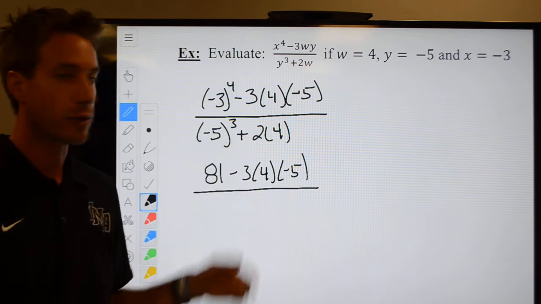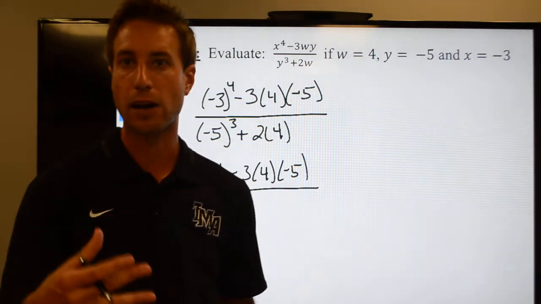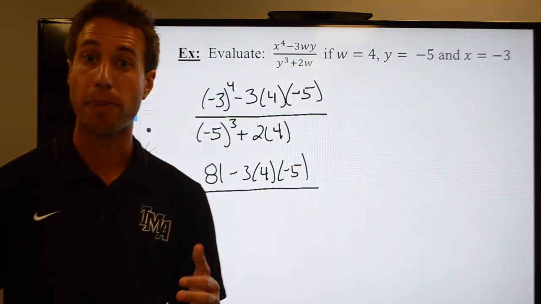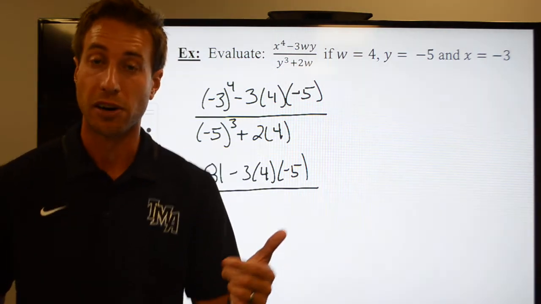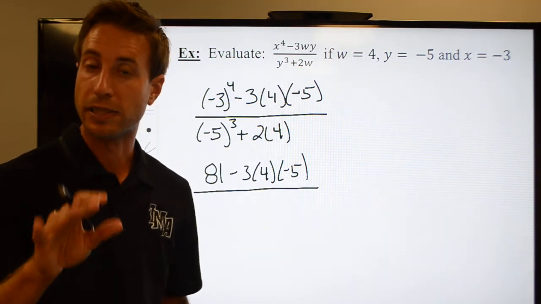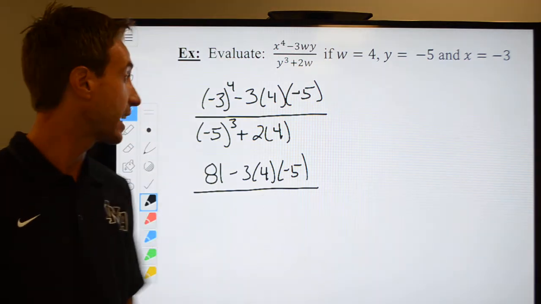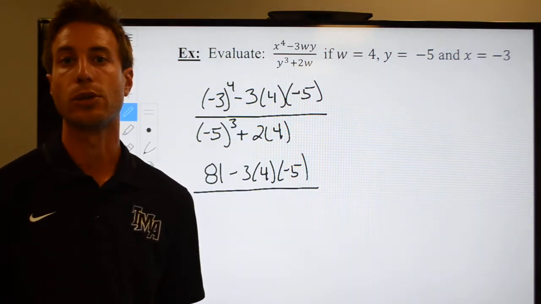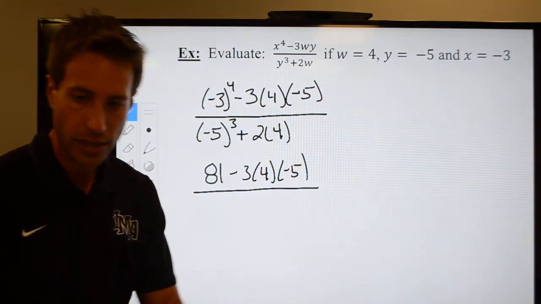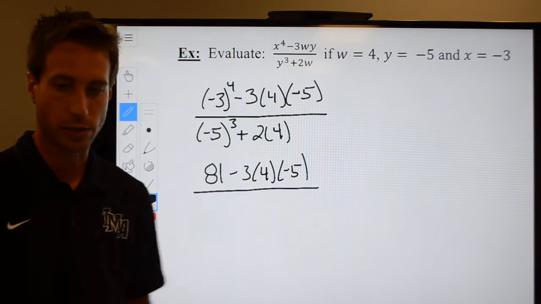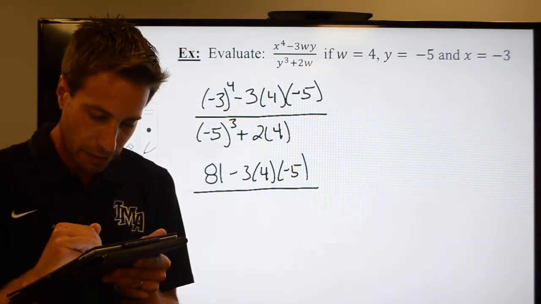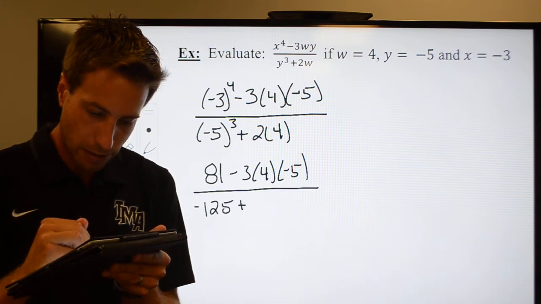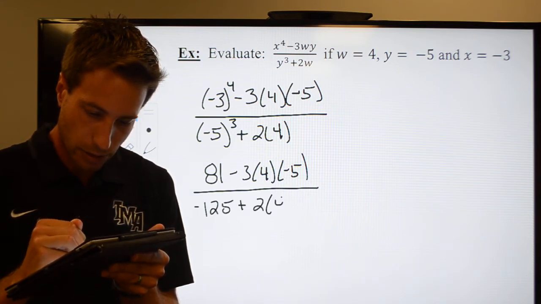I have a -5 raised to the 3rd power, and hopefully what you remember from Algebra 1 is any time you have a negative number raised to an odd power, the 1st power, 3rd power, 5th power, 7th power, your answer is always going to be a negative number. So in this case, -5 raised to the 3rd power should be -125 plus 2 times 4.